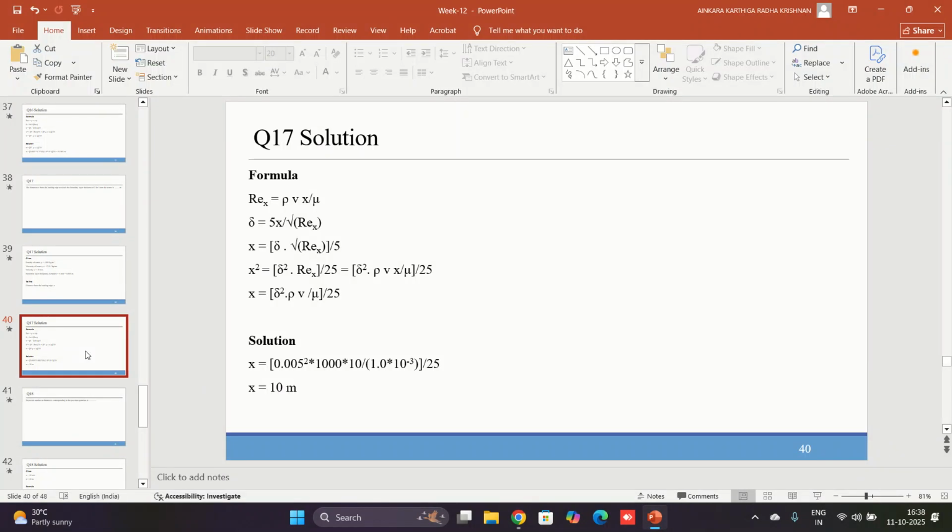It is 250 divided by 25, which is 10. So x is 10 meters. So a 5 mm boundary layer thickness will be at a distance of 10 meters from the leading edge. This is for the case of water.